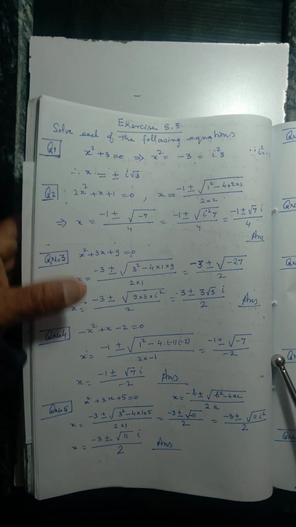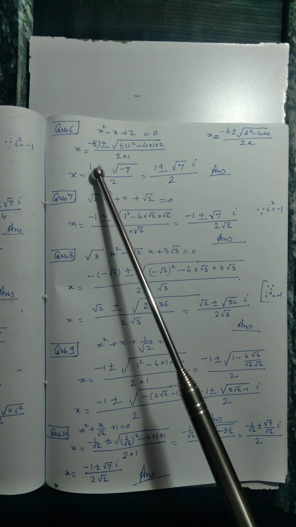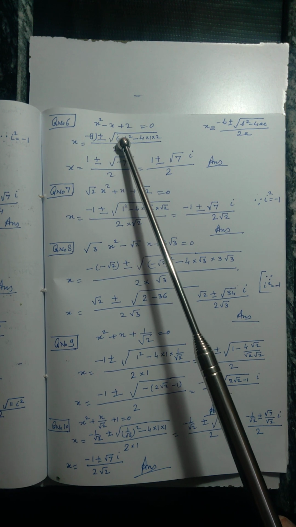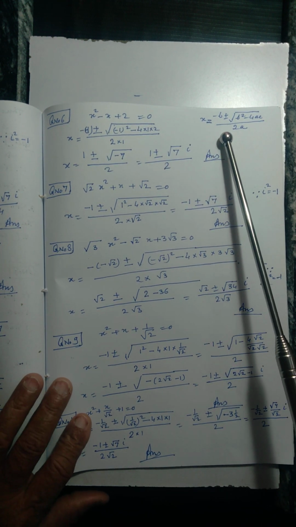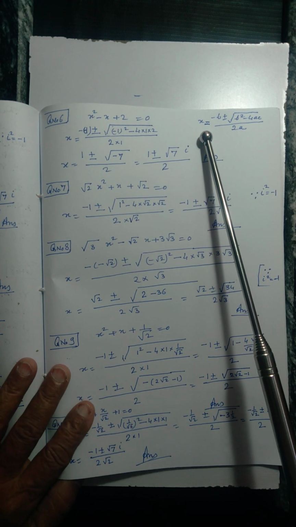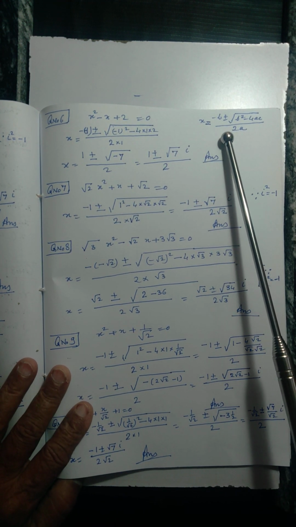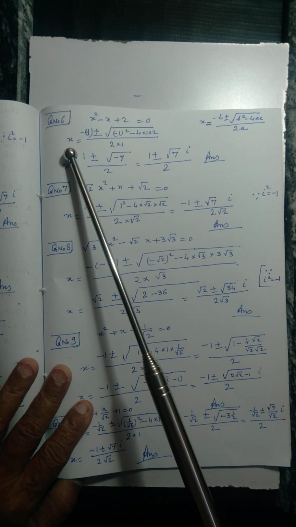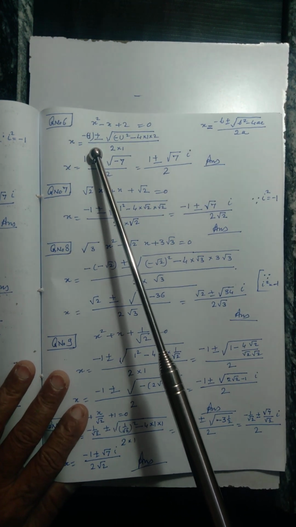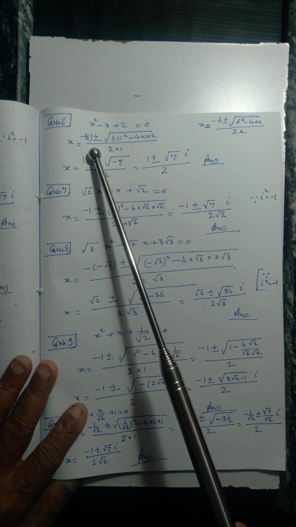Now come to question number 6. X square minus x plus 2 equal to 0. Same formula which I have used previously, that is x is equal to minus b plus minus root of b square minus 4ac by 2a. So just substitute the values of b, a and c accordingly.